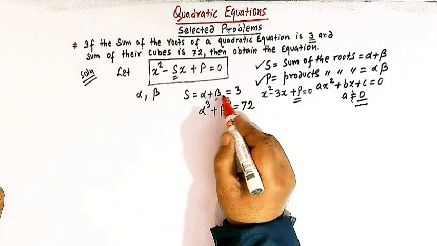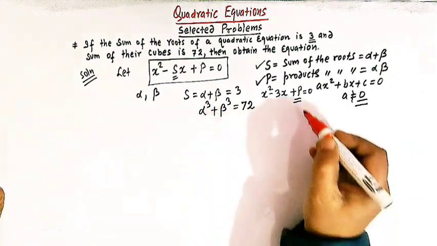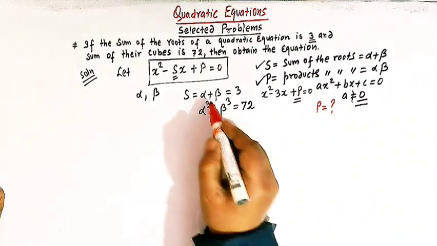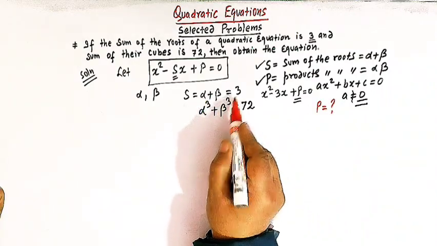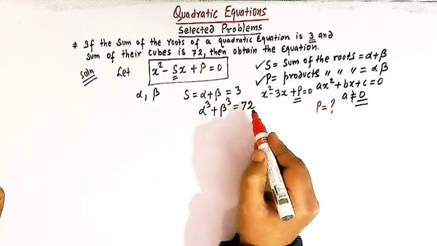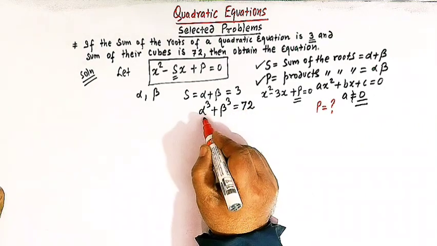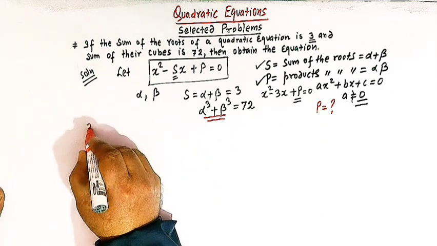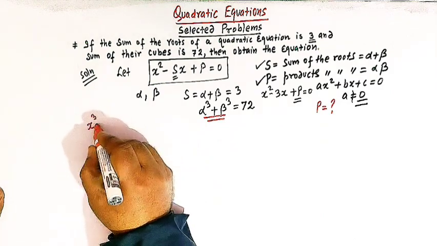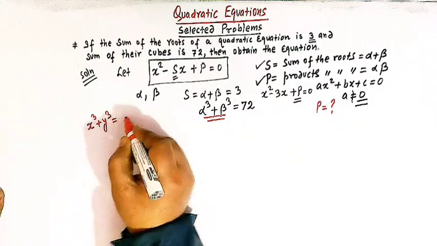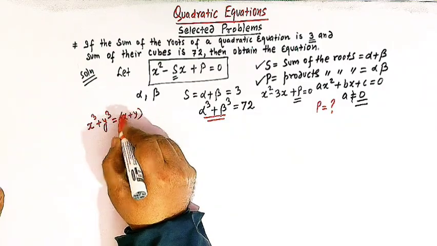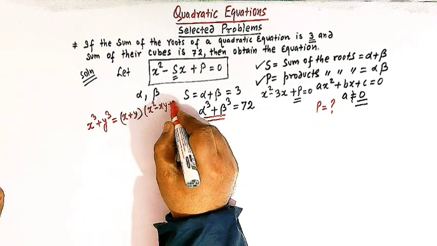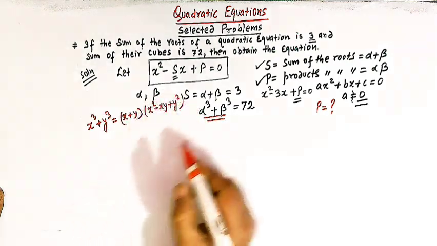Now let us make use of these two equations to find the value of p. Here we are given alpha + beta = 3 and alpha³ + beta³ = 72. Now I will make use of an important algebraic identity: x³ + y³ = (x + y)(x² - xy + y²).